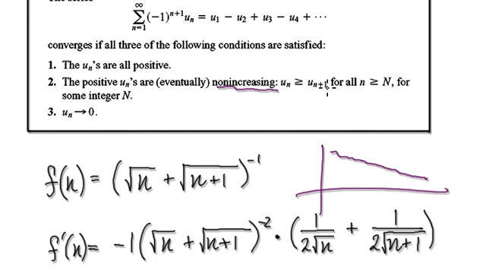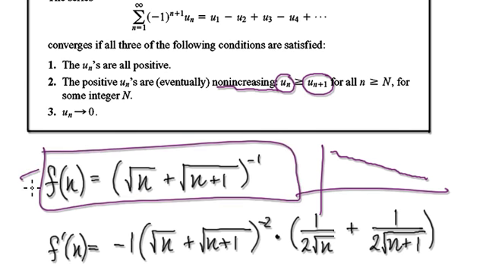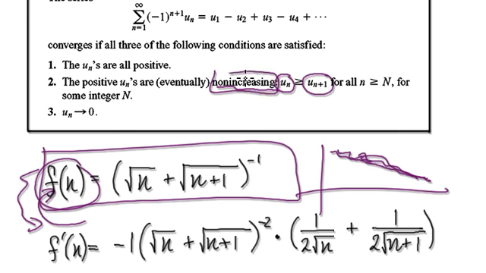Basically, it's not increasing. The next term must be less than or equal to the current term. If you differentiate it and the gradient's always negative, the function itself must be going downhill, so it's non-increasing.